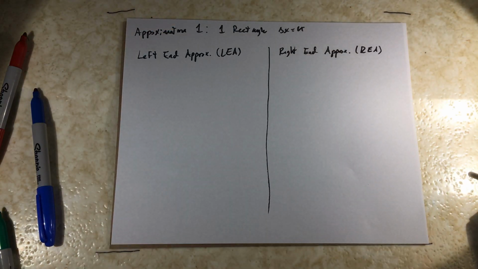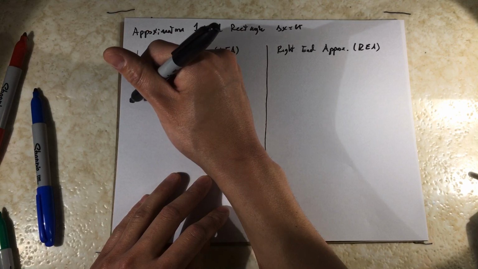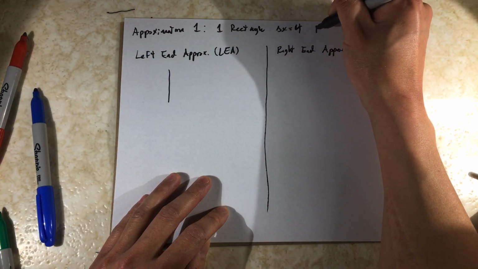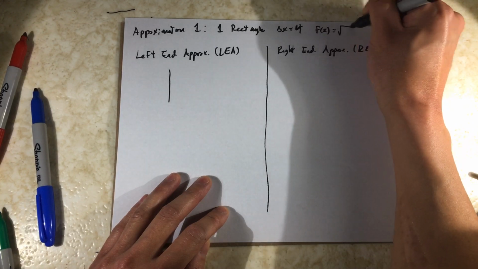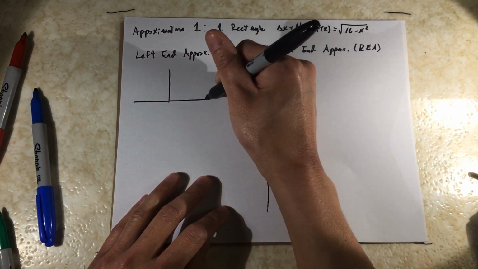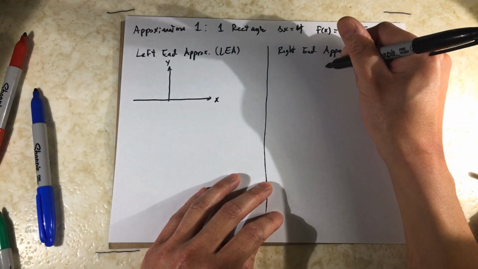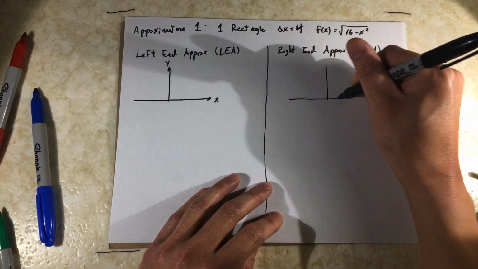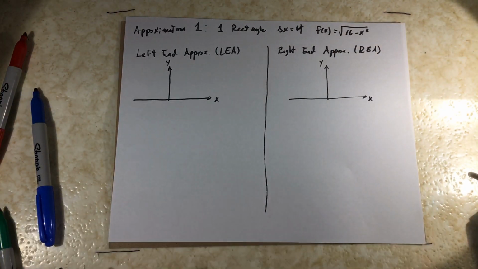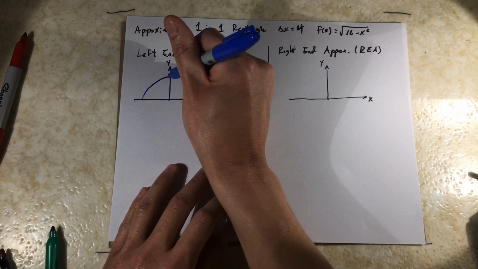Okay, so let's draw our functions here. Also, our function f of x is the square root of 16 minus x squared. All right, so we have our function that looks something like this.